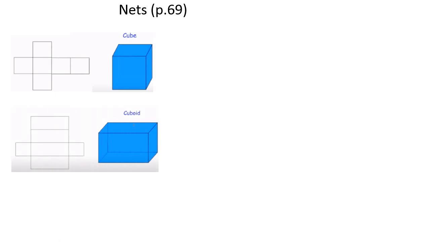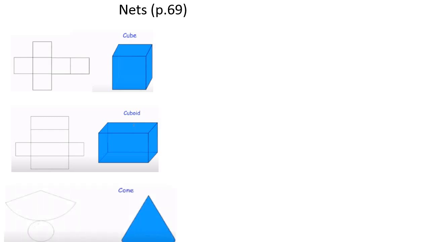Now look at the cuboid. What is the face shape? Is it a triangle? Is it a rectangle? Is it a square? Is it a pentagon? Look at it here, or you can look at the net. It's made out of many rectangles, so you have to put many rectangles together so you can get the cuboid.